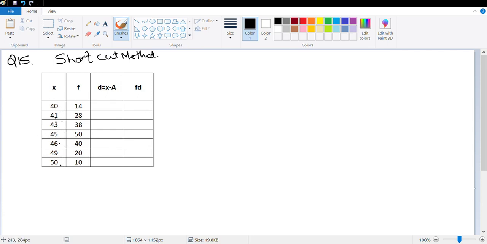So the assumed mean will be exactly the middle one, which is the 4th one. So this is the assumed mean, which is 45. Let assumed mean a be equal to 45.